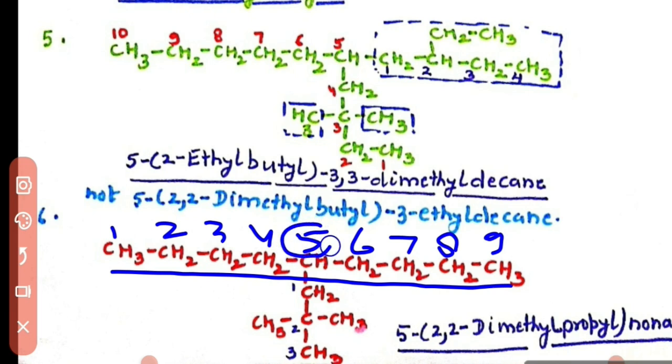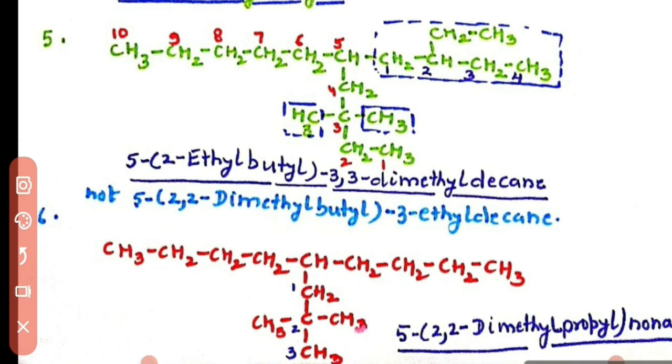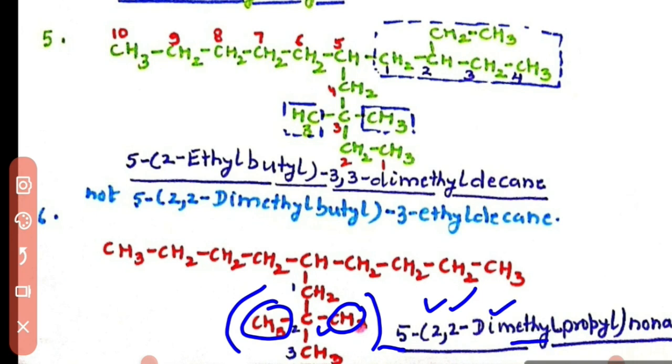Now this branch is located at the 5th carbon atom and it is a complex alkyl group. So in order to name the complex group, you have to select the longest chain where the carbon which is directly attached to the principal chain should be numbered as the first carbon atom. Including it, you have to select the longest chain, and the rest of the carbons which do not lie on the chain will act as substituents. Here there are 2 methyl groups as substituents and the chain contains 3 carbon atoms.